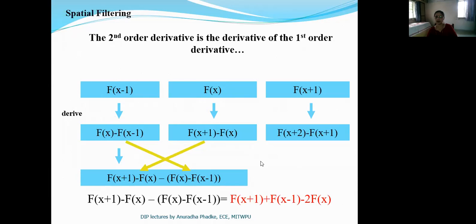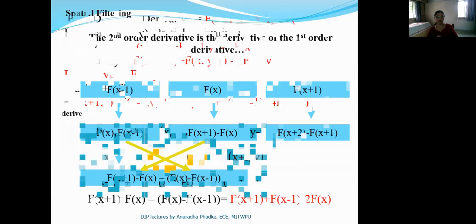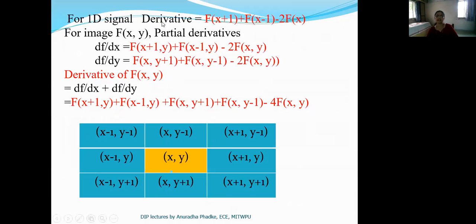Is there any doubt? Please type your doubt in the chat box if you are having any doubt. So for a one dimensional signal, we have this equation for the second derivative: f of x plus 1 plus f of x minus 1 minus 2 times f of x. Now the same thing is indicated here.